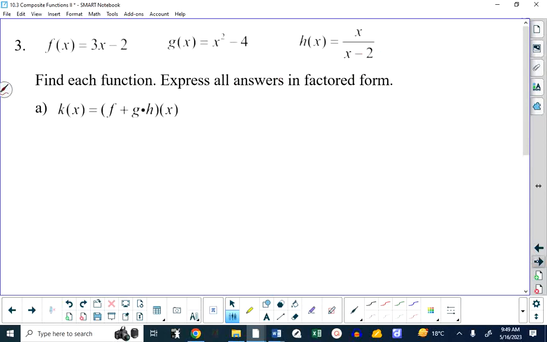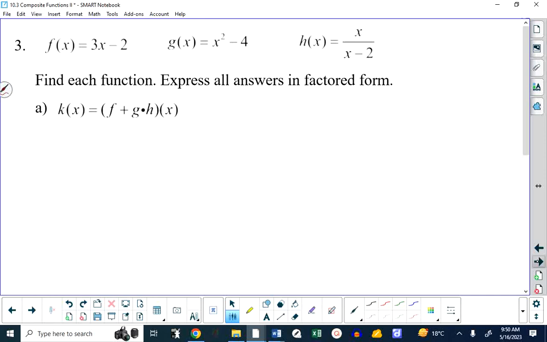All right, now we just have a whole slew of problems. This has nothing to do with compositions. You're given three functions at the top of your page, and you're asked to find k of x if k of x is f plus g times h, quantity of x.